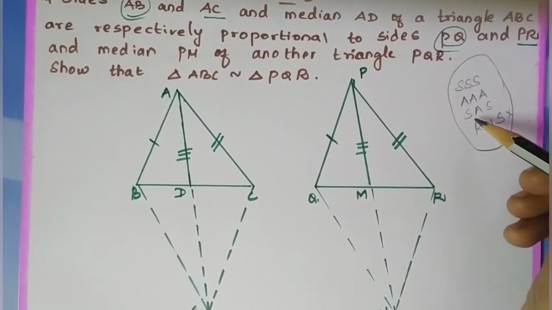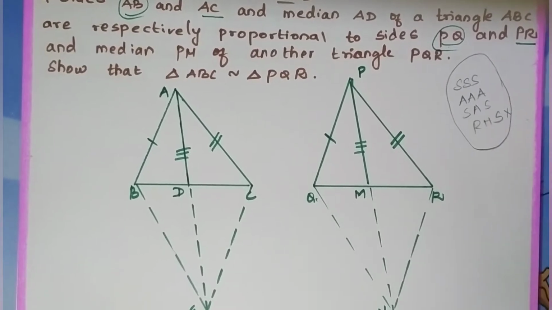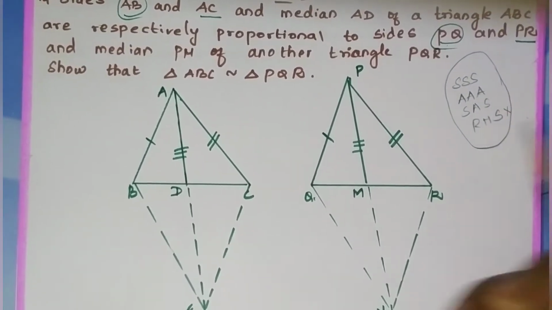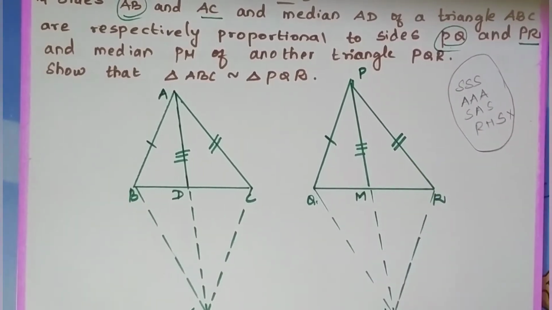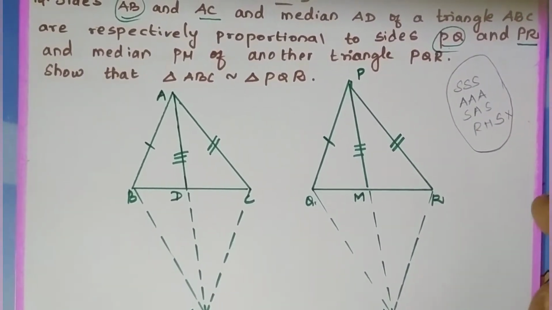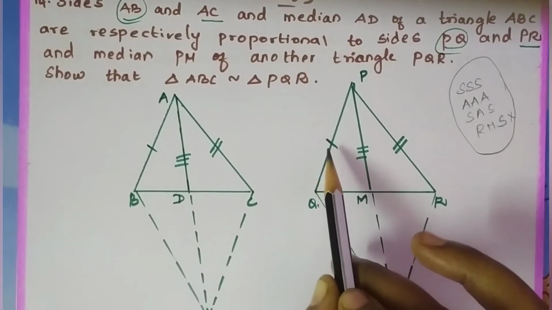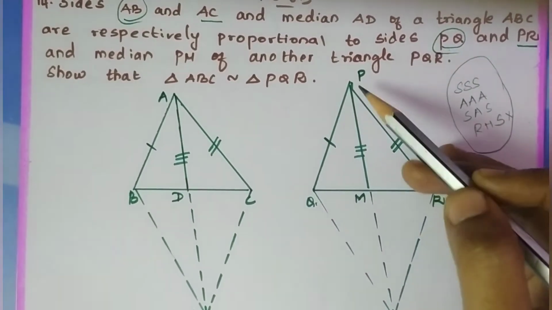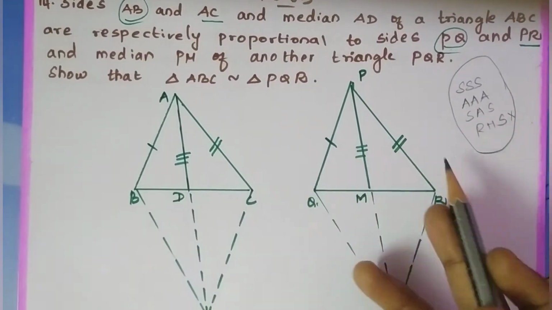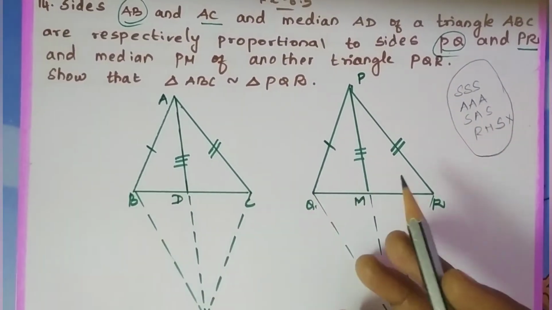Next, SAS: two sides and one included angle. They said that AB and AC and PQ and PR are in proportion, so we can take the two sides.